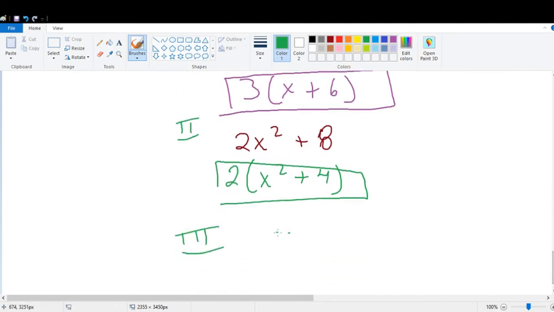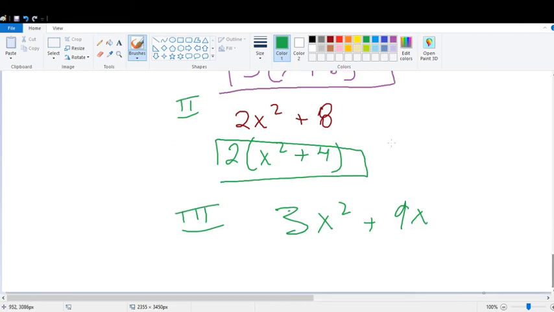Let's say I have 3x squared plus, let's do 9x. Same thing here. What divides 3x squared and 9x? Well, I can divide this by 3 and by 9. And I can also pull out an x here and an x here.